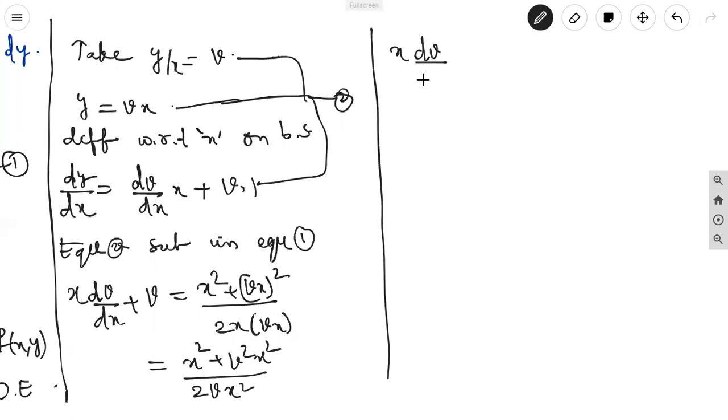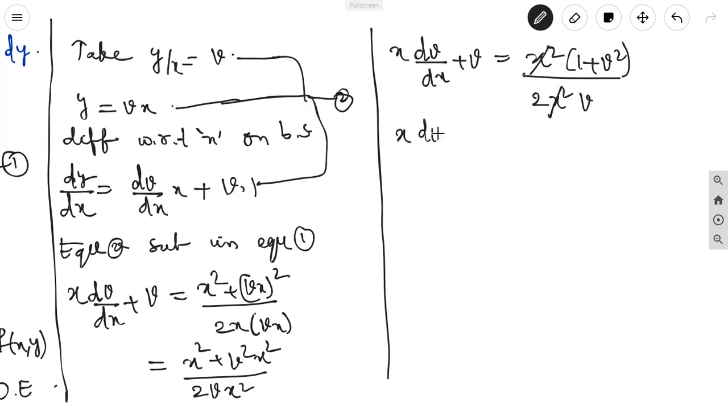x dv by dx plus v equal to x square common in the numerator, that is 1 plus v square, by, in the denominator, 2x square v, x square cancel. Then x dv by dx equals, taking this v to the right side, 1 plus v square by 2v minus v.